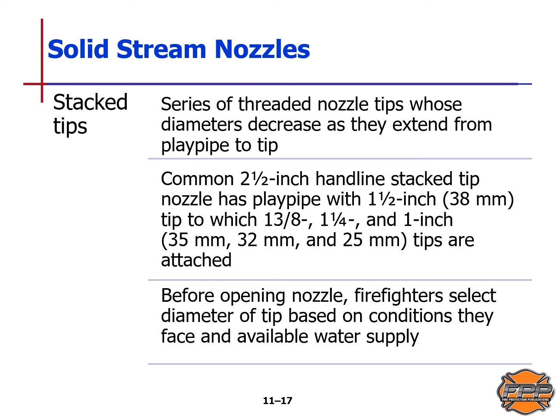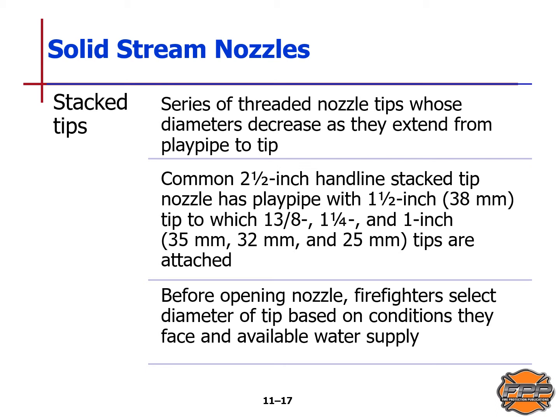Stacked tips are a series of threaded nozzle tips whose diameters decrease as they extend from play pipe to tip. The most common is the 2.5-inch handline stacked tip nozzle, which has a play pipe with a 1.5 inch or 38mm tip, to which 1 3/8, 1.25, and 1 inch, which are 35, 32, and 25mm tips, are added.